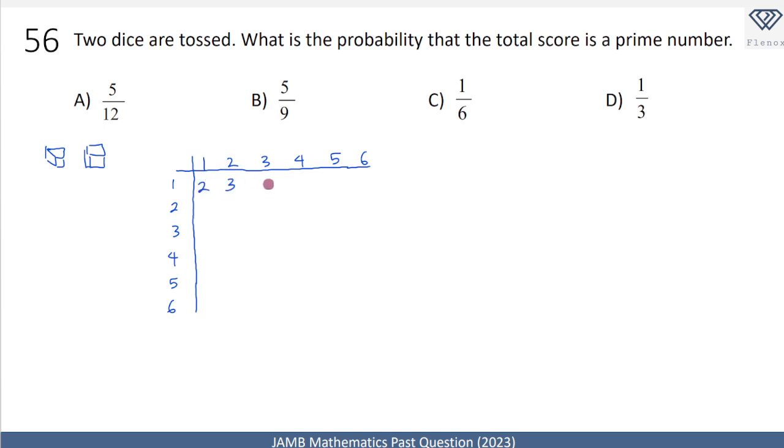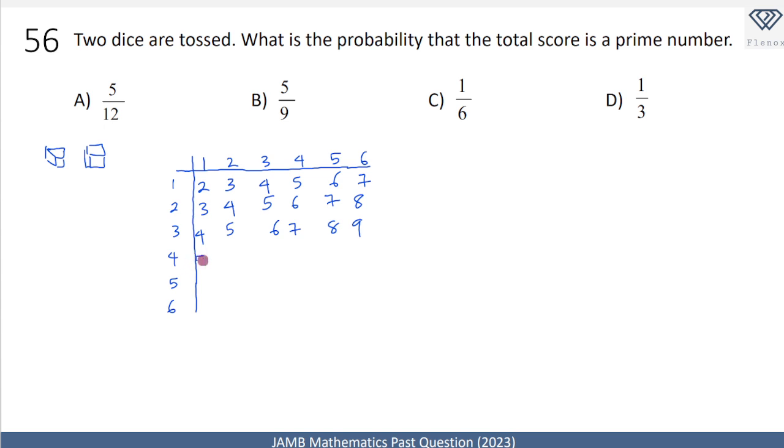So we have to sum up all these numbers together to find out all the possible outcomes. In this case, 2 plus 1 is 3. So you just have to sum up the corresponding numbers, and that is what I'm doing now. So this is 4, 5, 6, 7, 8, and 9.